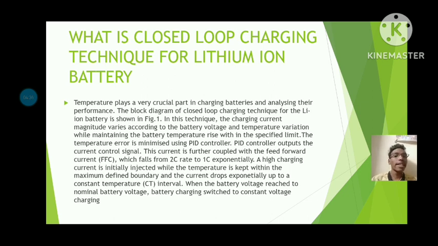A high charging current is initially injected while temperature is kept within the maximum defined boundary, and the current drops exponentially up to constant temperature CT. When the battery voltage has recharged to nominal battery voltage, charging is switched to constant voltage charging. This is about the closed loop charging technique for lithium ion battery.